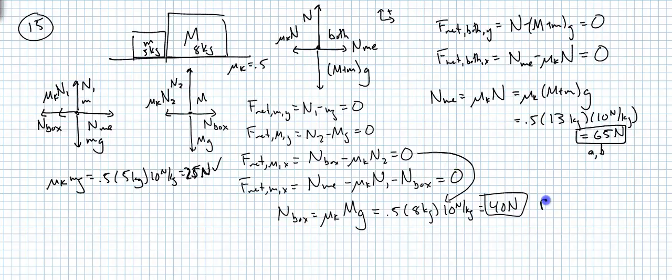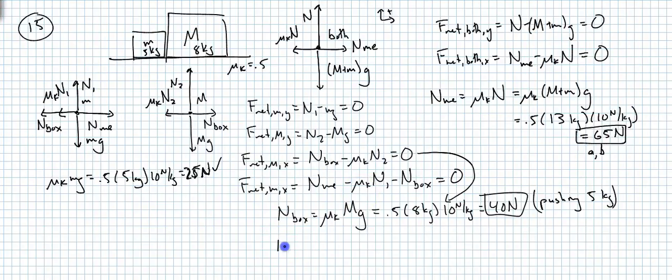So this is pushing the 5 kilogram box. What if I'm pushing the 8 kilogram box? Well, all of this is basically the same, except I'm swapping little m and big M. So I could just do that in all of my equations as well. Just swap big M and little m, and that will give me my new stuff.